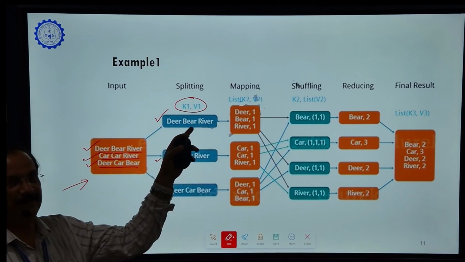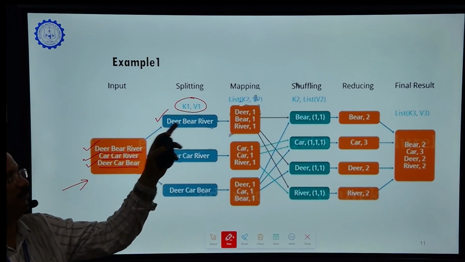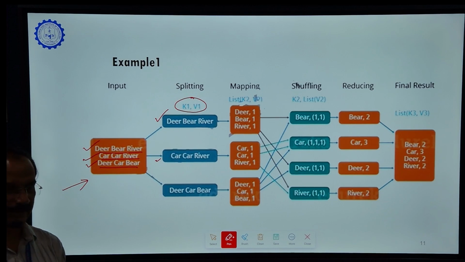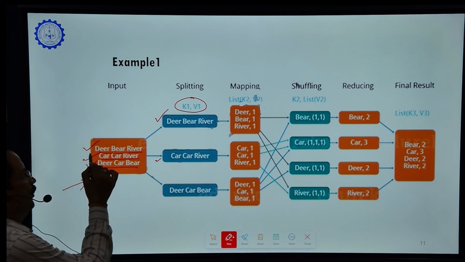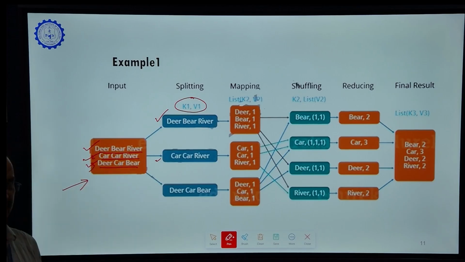The first line tells about the key value pair. Now what is the key and what is the value? The line numbers 1, 2, 3, as I discussed in my previous slides, that is the data numbering. So numbering is the key and the rest, the statement, is the value.